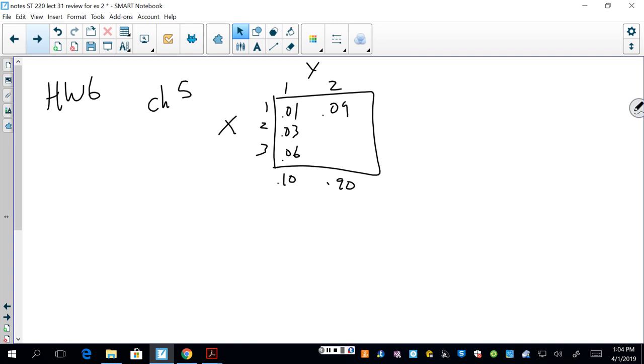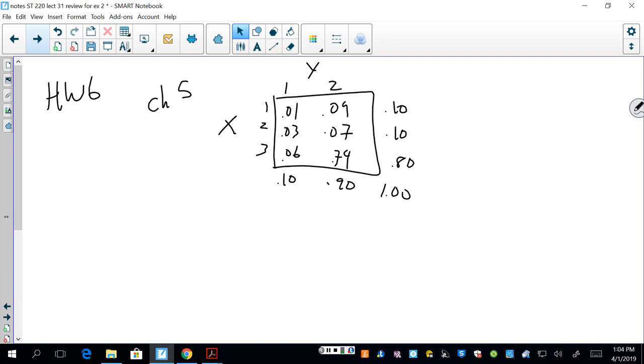It should add up to 1. So you could have something like this: 10% in this row, 10% in this row, and 80% over here. So you can figure out the margins.